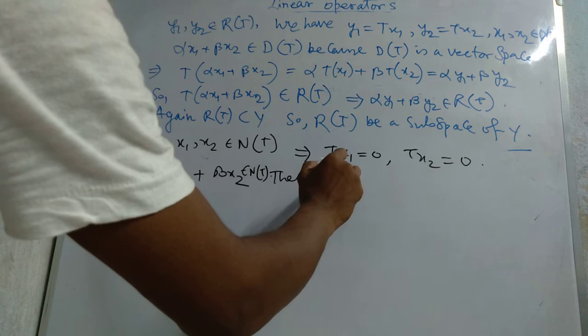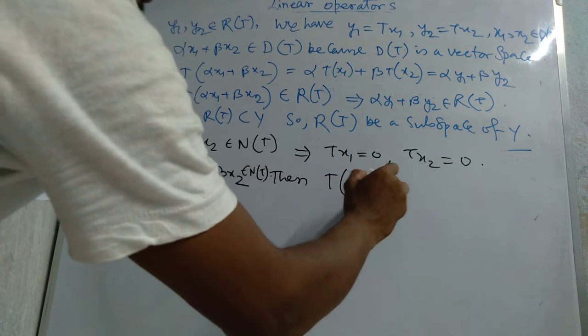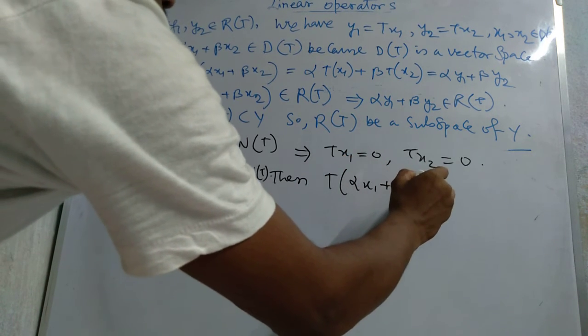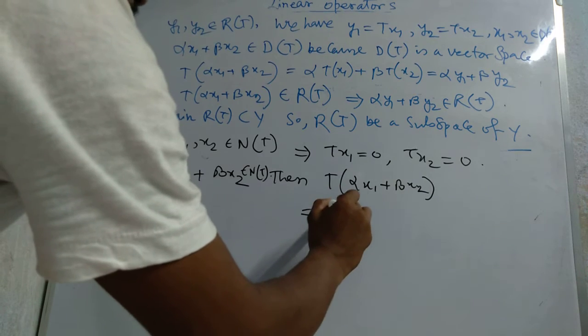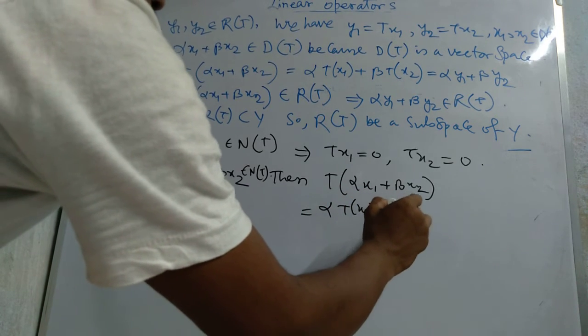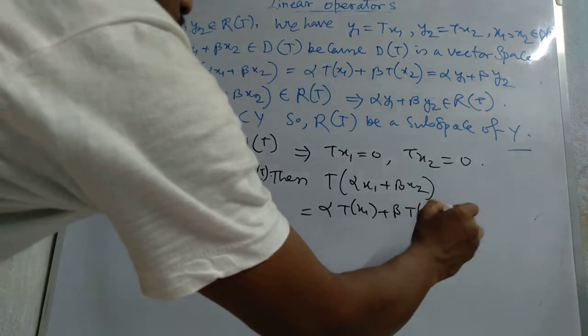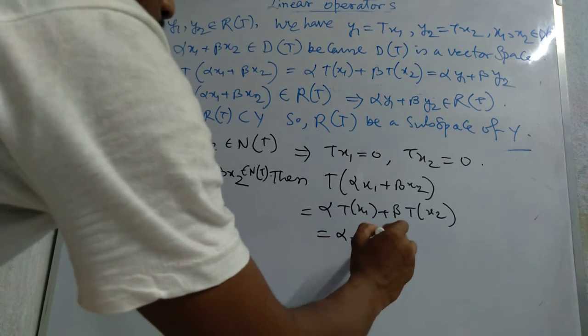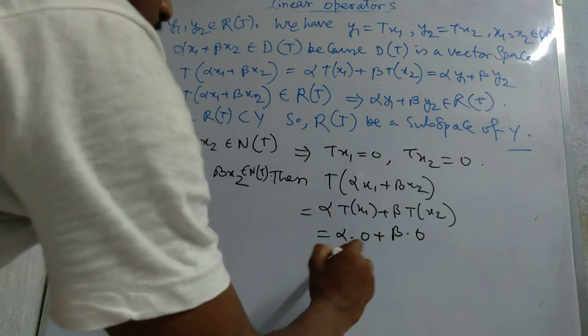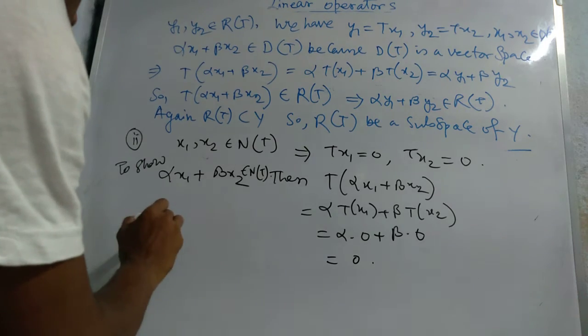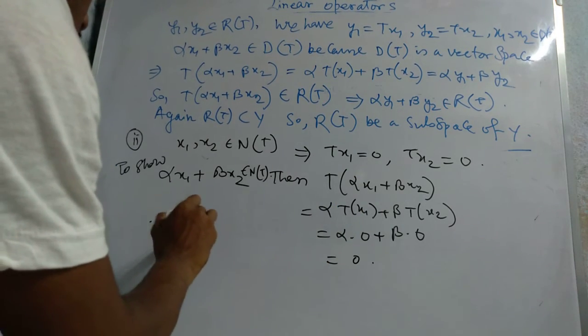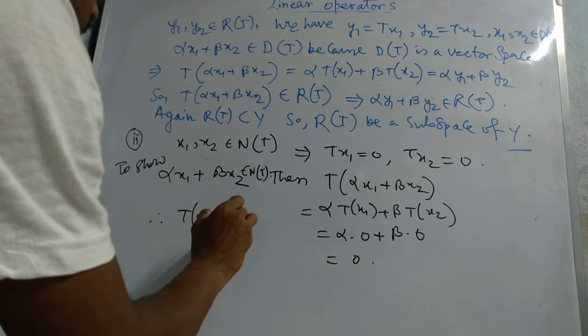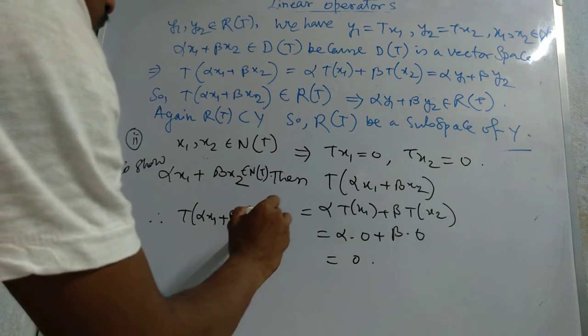We consider T of alpha x1 plus beta x2. This equals alpha T of x1 plus beta T of x2, then alpha multiplied by 0 plus beta multiplied by 0, which equals 0. So T of alpha x1 plus beta x2 equals 0.